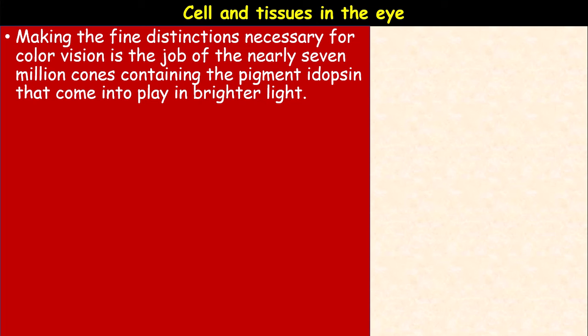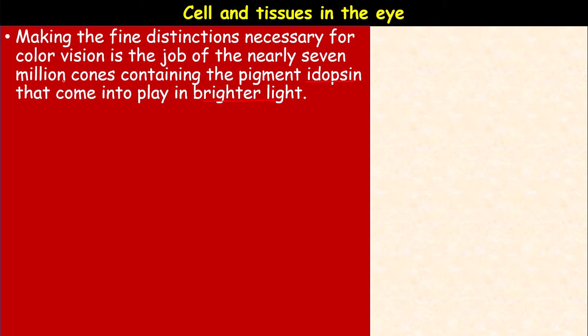Making the fine distinctions necessary for color vision is the job of the nearly 7 million cones, which are less in number compared to rods, containing the pigment. What is that pigment? Iodopsin, that comes into play in the brighter light.